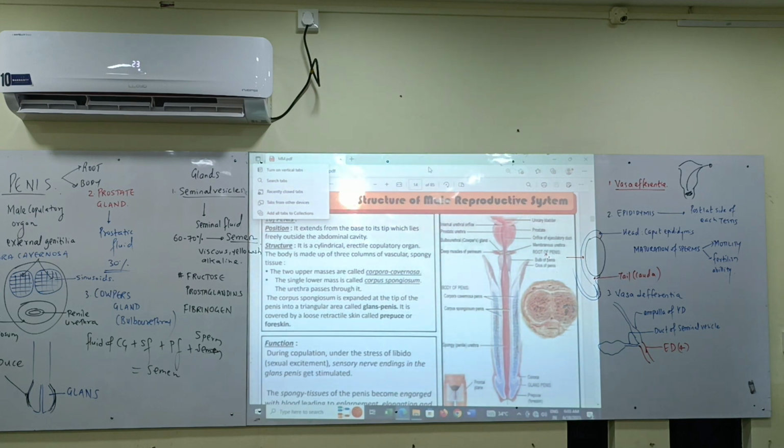But this problem does not occur in those males who have undergone a procedure called circumcision. Circumcision, okay? Which is practiced in all Muslims, in all Jews, and in some sects of Christians, where the prepuce is pulled back and cut. That is called circumcision.